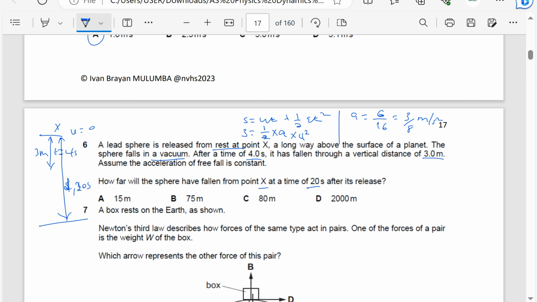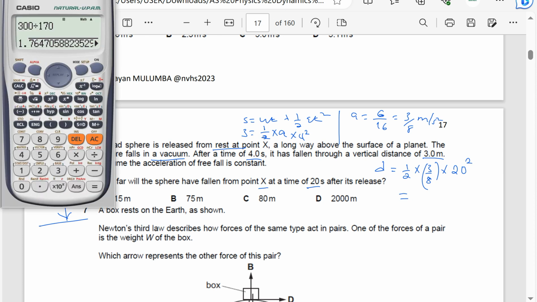I will repeat the same using the same equation for an unknown distance d, using s equals ut plus a half at squared, and the distance is going to be d. Initial velocity is still 0. I'm starting from X, so that will be a half times the acceleration. Of course, the acceleration is the same, which is 3 over 8, and it is taking a time of 20 seconds, so this will be times 20 squared.